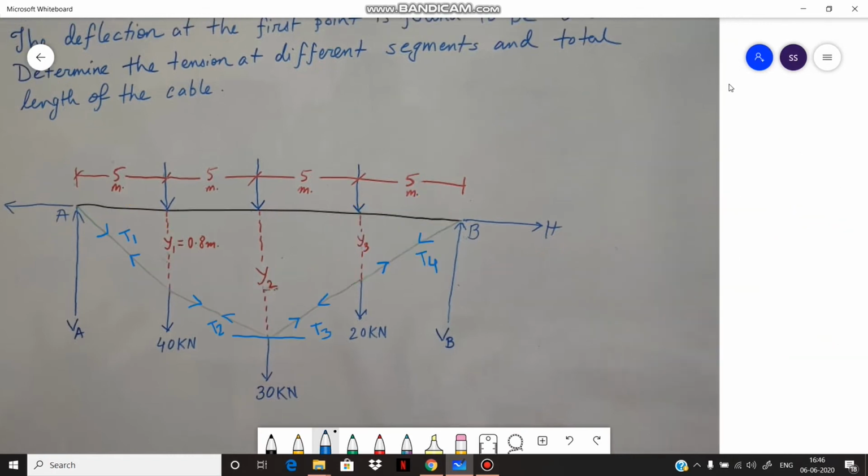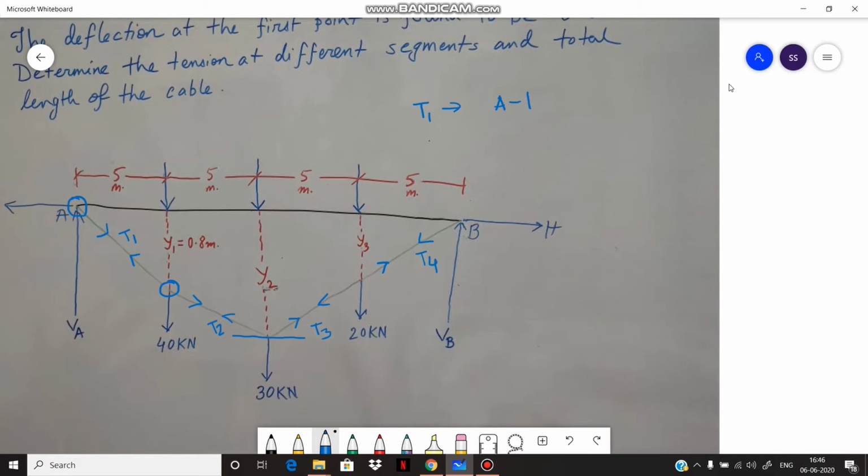So because of the application of load, tension appears at the cable. So let us take the tension T1 which appears at the segment A1. That is, this is the segment A1 from here to here.